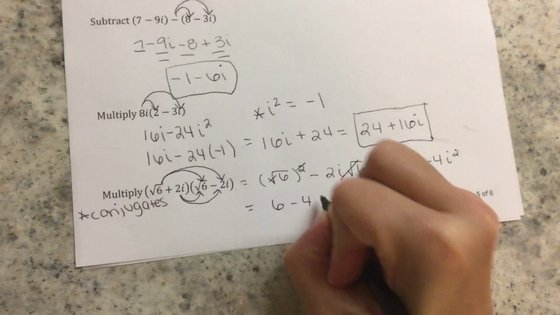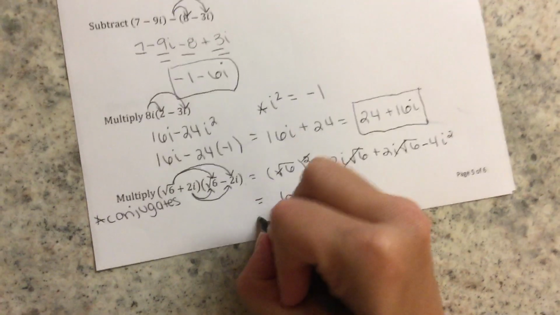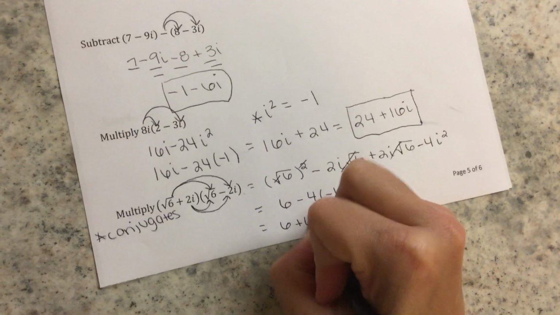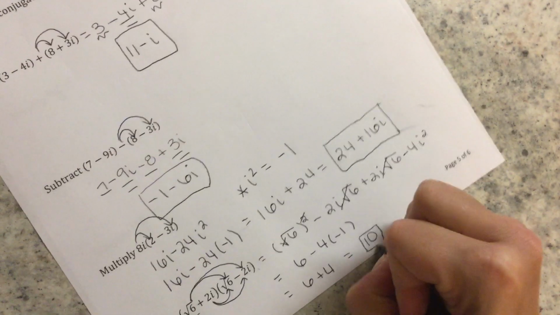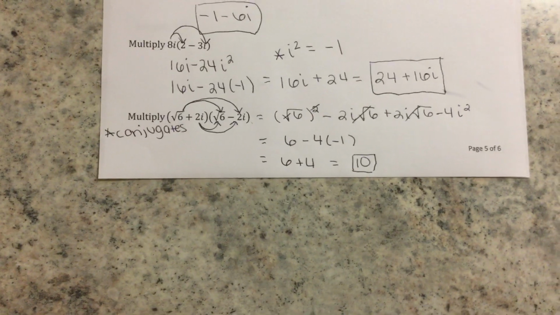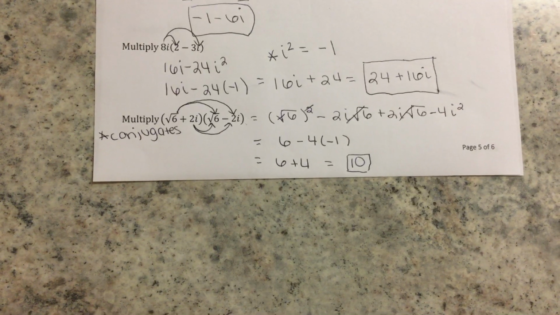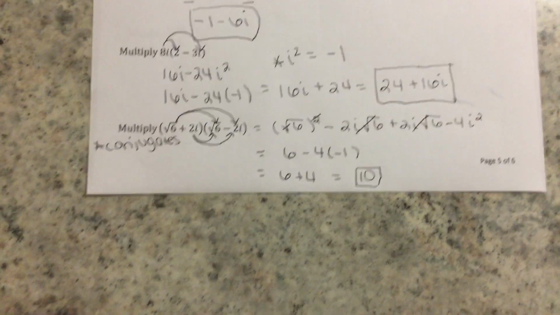So instead of that i squared, I can write negative 4 times negative 1, which will give me a positive 4. And 6 plus 4 will give me 10 as my final answer. So all that crazy mess just left me with 10 as my final answer.